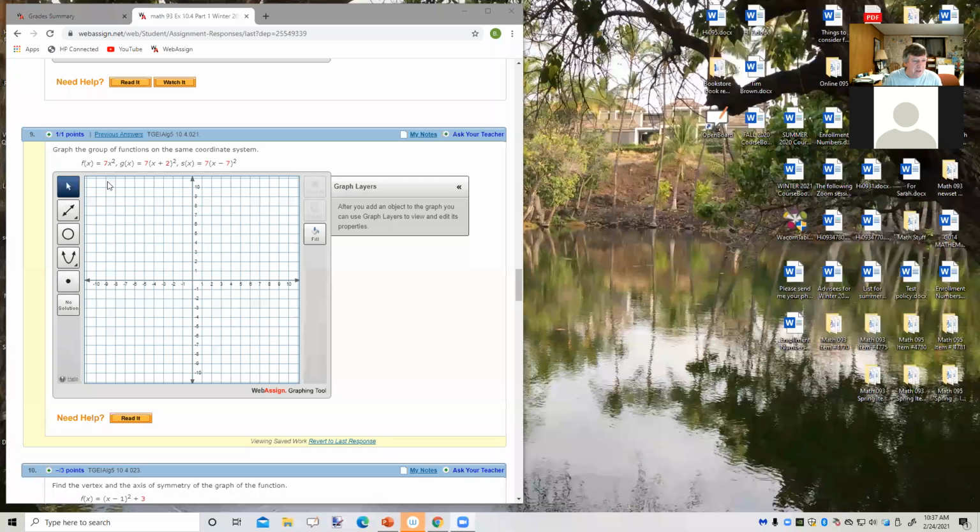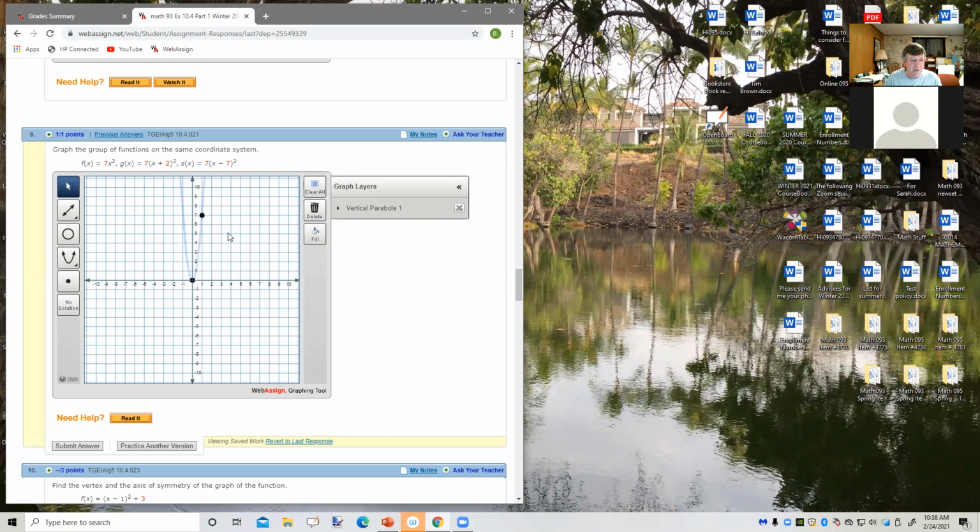so to graph this thing, to graph f of x equals 7x squared, I'm going to choose the parabola till it turns blue. I'm going to go over here and I'm going to start with the vertex, which was at 0, 0, and then the point 1, 7. Okay, so there's my initial graph. Now let's take a look at g of x equals 7 times the quantity x plus 2 squared.